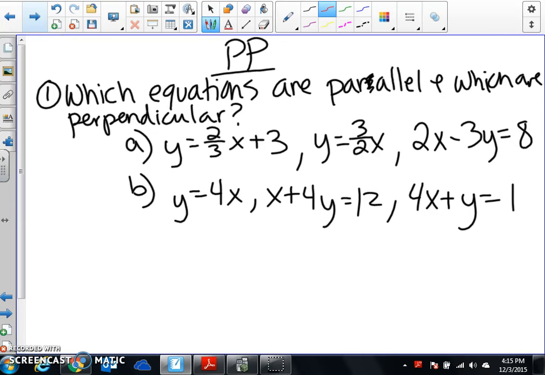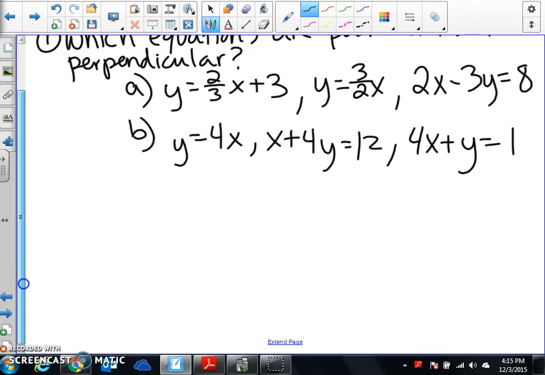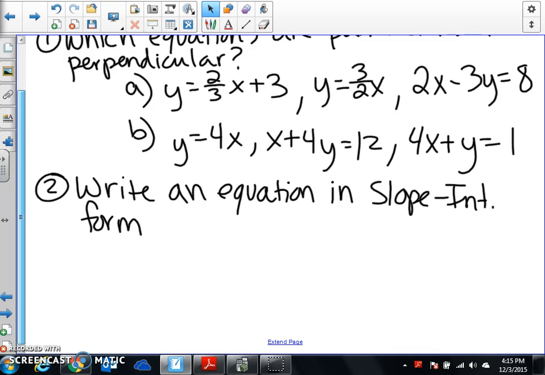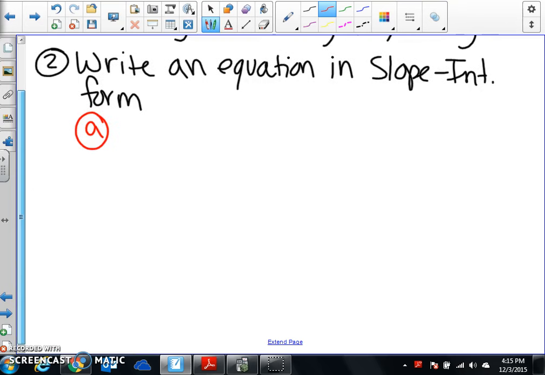Okay? And then all of these, you're going to write an equation in slope-intercept form. Okay, you're going to write all of these in slope-intercept form. All right, so if you were given the equation, we want this one to be parallel.